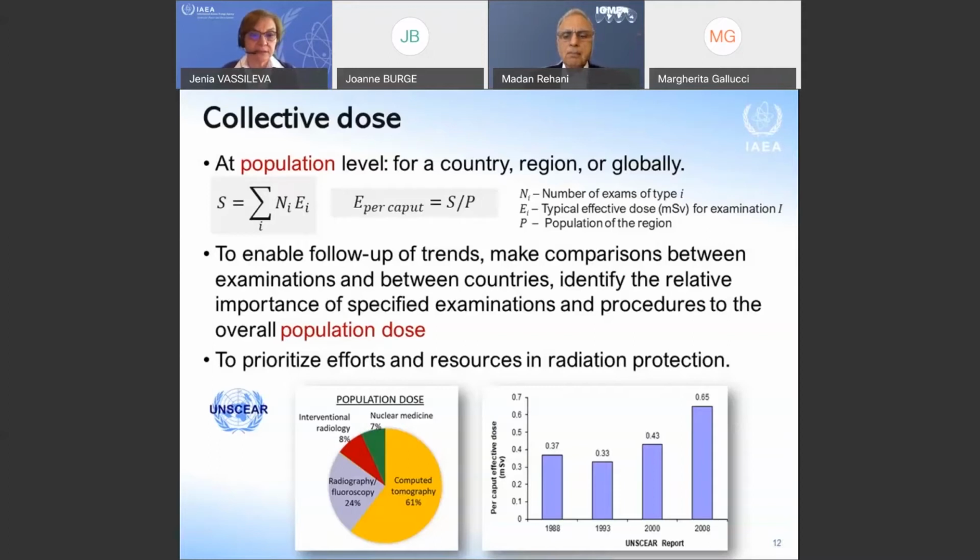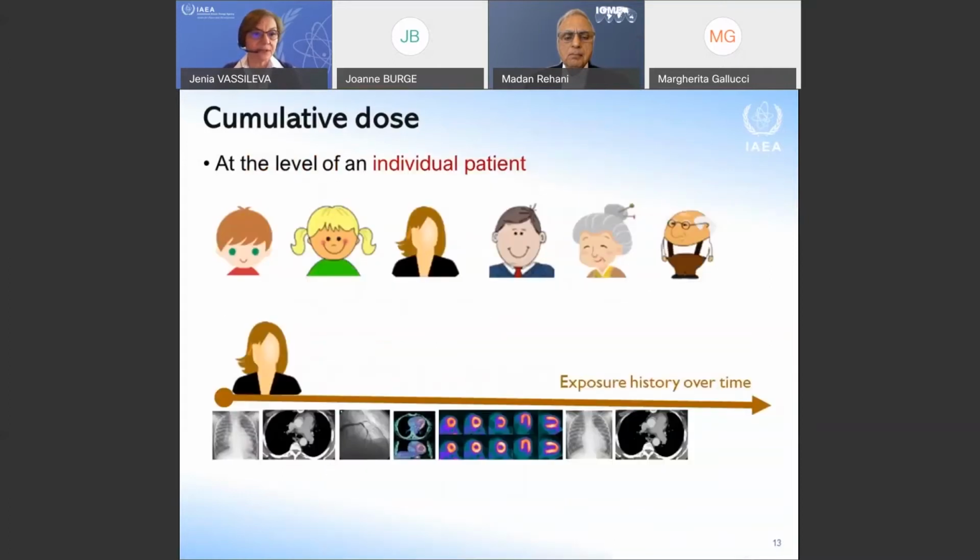On the left side, the pie chart on population dose, the contribution of different imaging modalities to the population dose. That's based on this analysis. And on the right side, the trends in the collective dose over the time. This is from the latest available report. We are expecting a new report very soon. This helps prioritize efforts and resources in radiation protection.